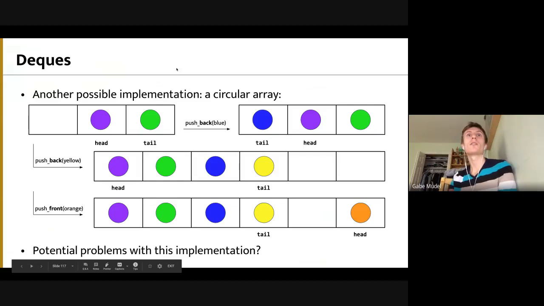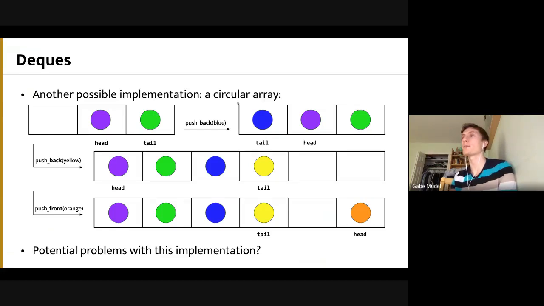Okay, so another way we could potentially implement a deque is a circular array. The way we do that is we have head and tail pointers to our deque, right? As we push stuff in, we can do modular arithmetic to work back to the front of the array if we have an empty spot, right? And then if we get full, we grow.